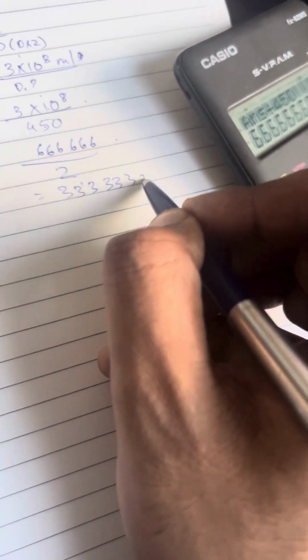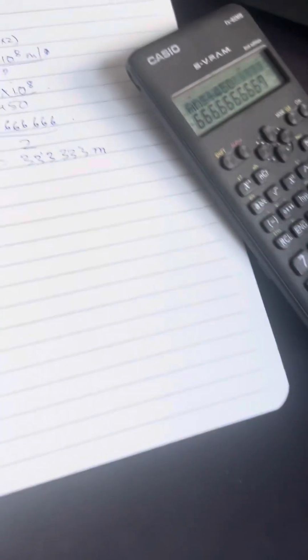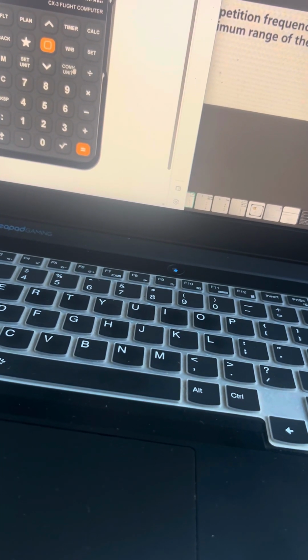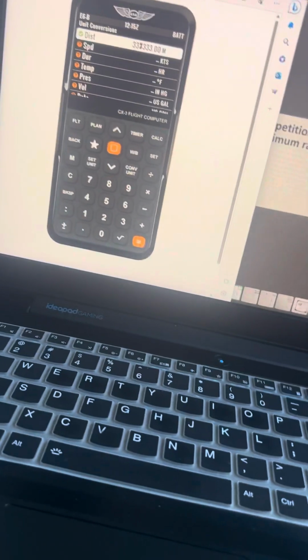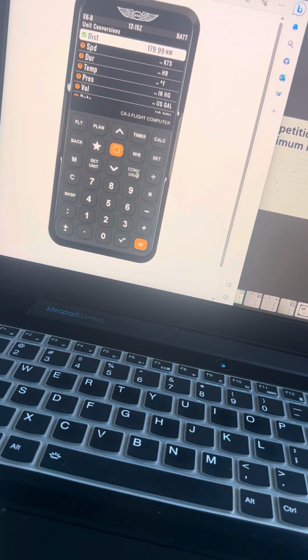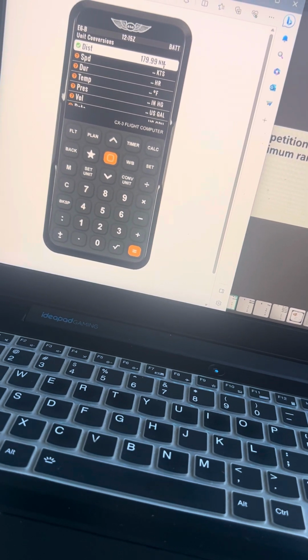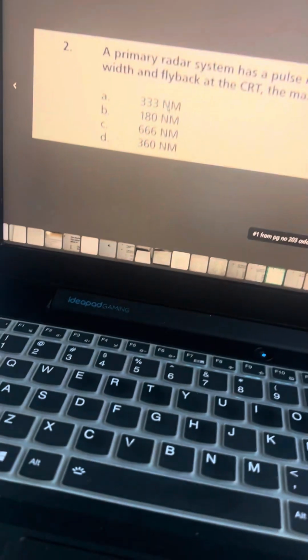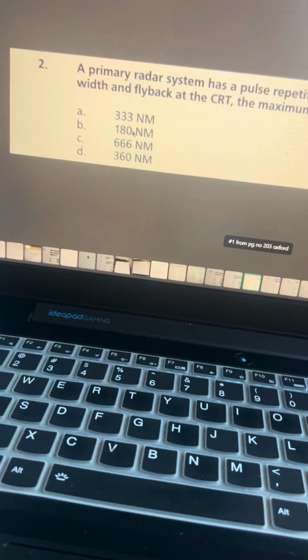I get 333,333 meters, and when I put this 333,333 meters into my unit converter, I get my answer in nautical miles, 179.999, rounded off to 180 nautical miles, which is my correct option, Bravo, in this image.